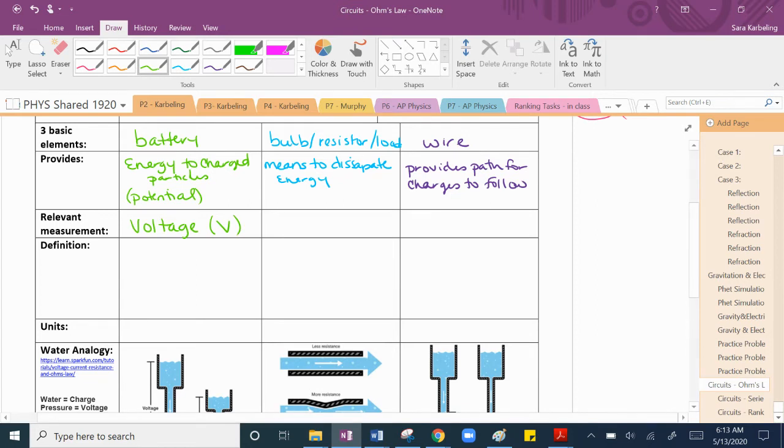So voltage is, I'm going to say, the relative amount of energy per charge that electrons have at any two points on a circuit.